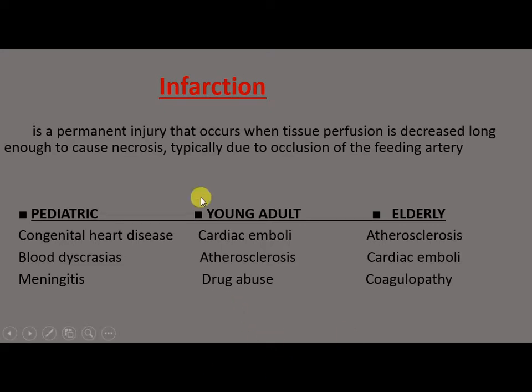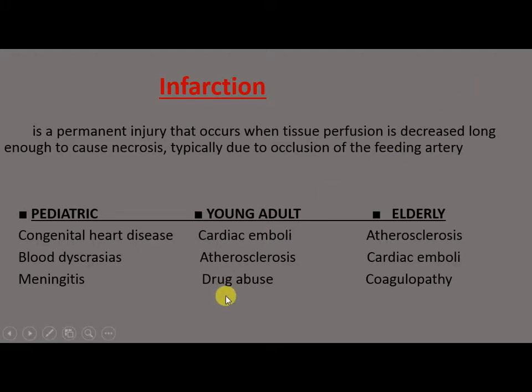Here we summarize the common causes of infarction according to age. In pediatrics, at the top there is congenital heart disease, second blood dyscrasia, and meningitis. These are the pediatric causes of cerebral infarction. While in young adults, it is commonly due to cardiac emboli.